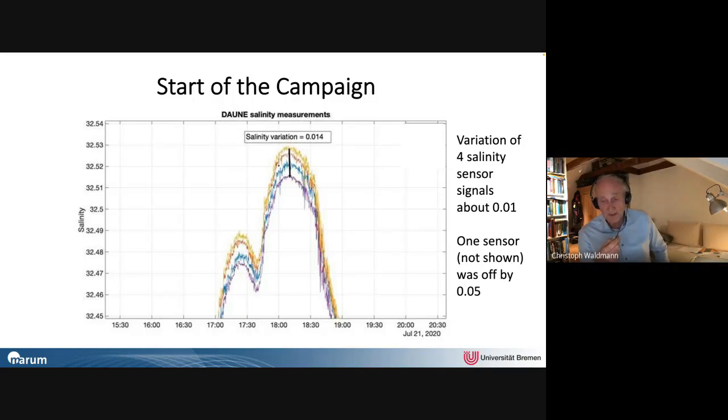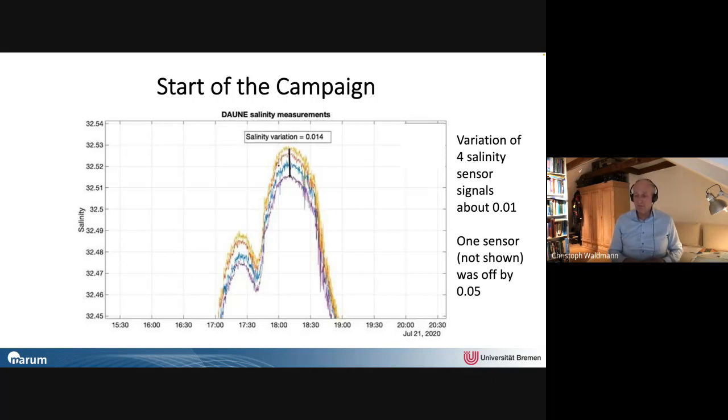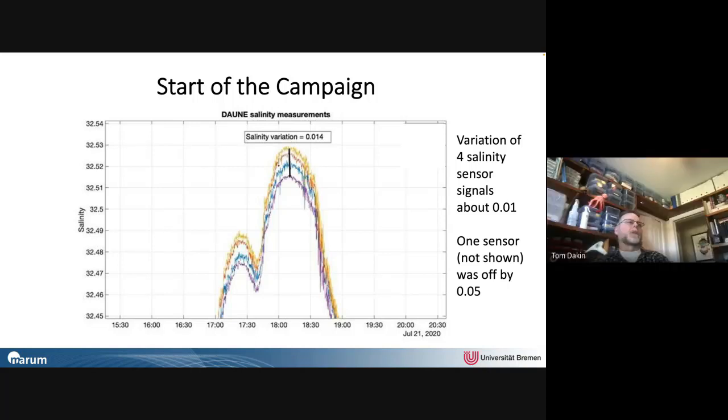So that was the first day. Okay, so it was not some behavior, when you just put it into the water, of effects like bubbles or anything. So that was already gone. Flooding time, yeah.